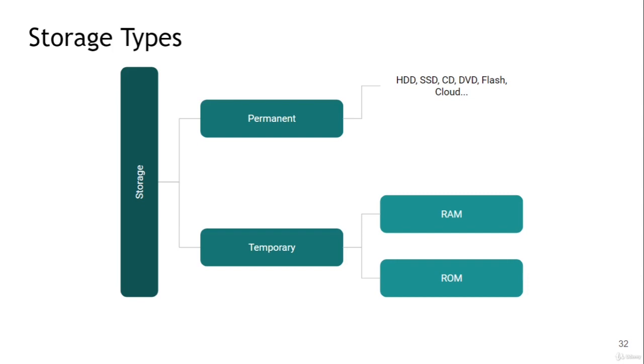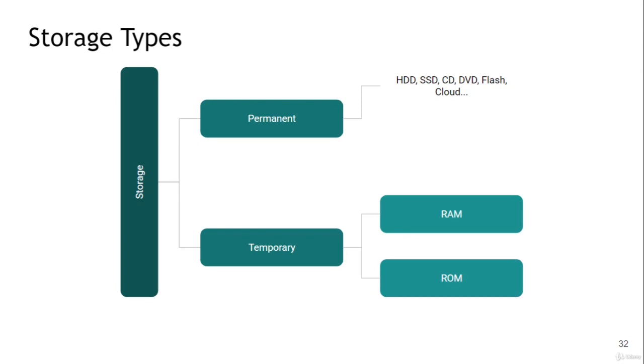Let's step back a little bit and understand storage types. Storage types are of two kinds: number one is permanent, and the second one is temporary. Permanent means the data is there forever. It's not deleted. Whenever your computer is turned off, it's still there.